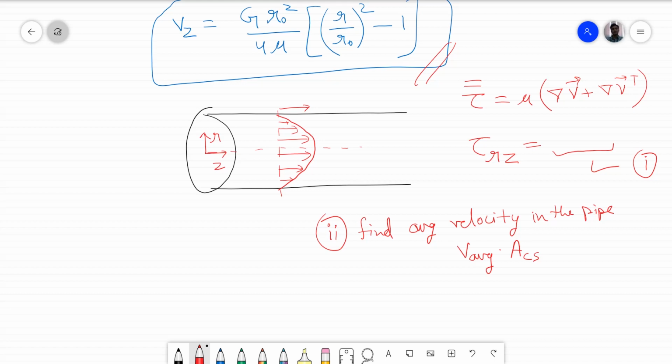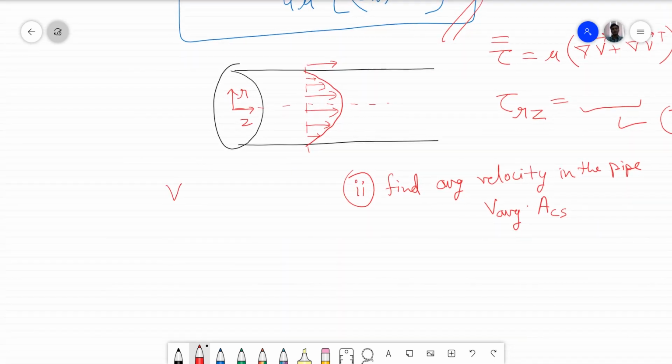V average is easier to measure than the velocity field itself. You can take a bucket. You can just allow the fluid that is coming out of this pipe to go inside the bucket, measure the time in which the bucket gets filled, measure the volume that gets filled.